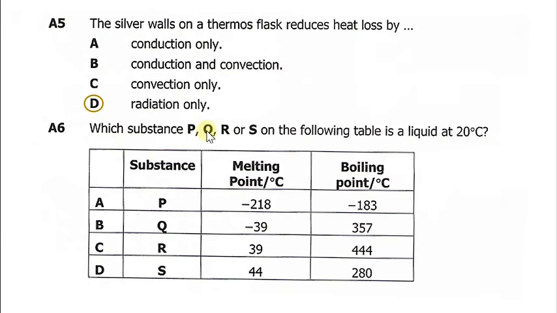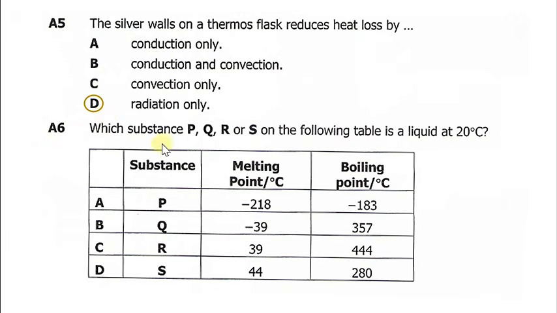It has double walls and a vacuum inside. That vacuum is just to stop heat transfer by conduction and convection. Radiation passes even through a vacuum. Now, to limit the movement of heat by radiation, you just have to make the walls silvery so that radiation can bounce back. So that's why the answer here is D.